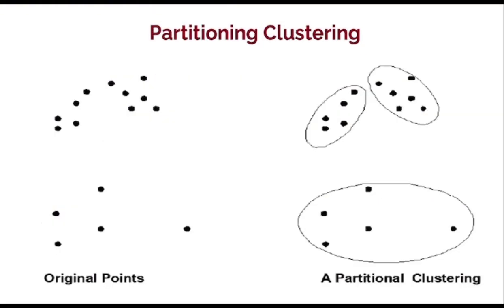Now I'm trying to showcase how partitional and hierarchical clustering look. If I have this as the original data set, by partitioning clustering we can produce two clusters based on it.